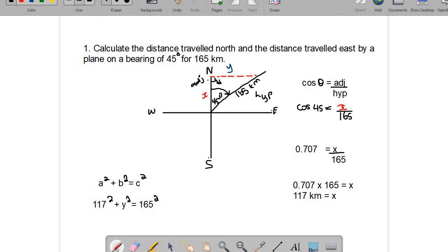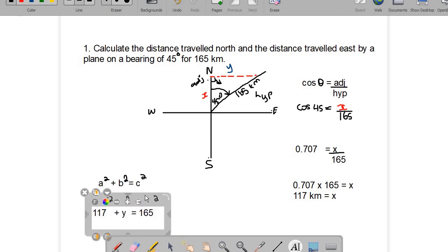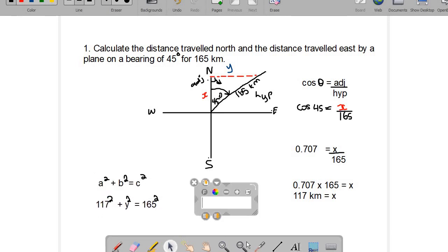Alright, before we do anything else, I'm going to figure out what 117 squared is. Okay, so 117 squared is 13,689 plus y squared.